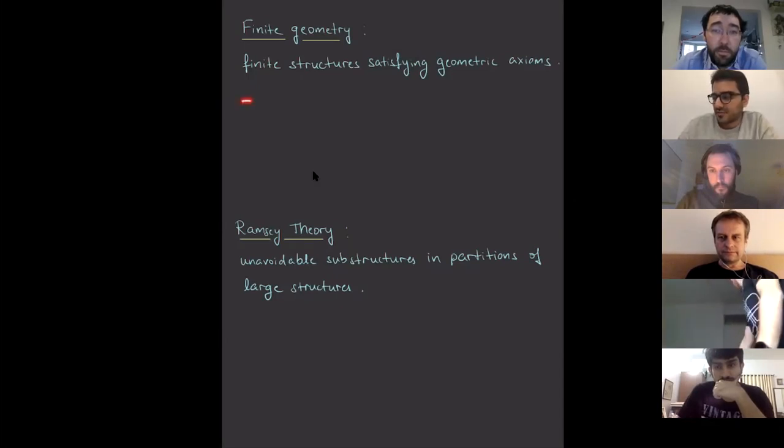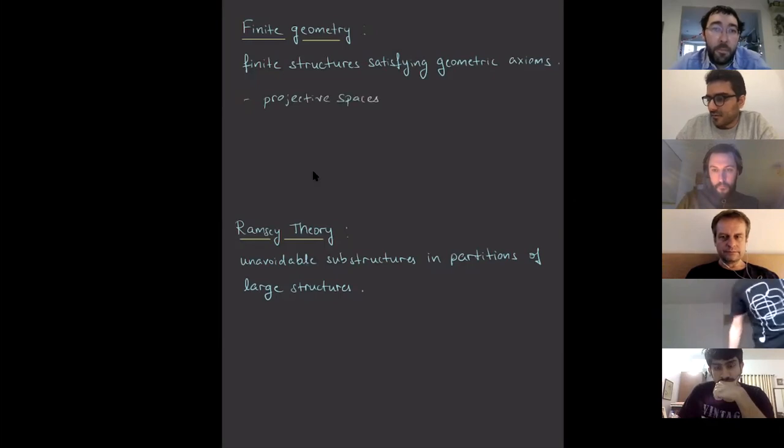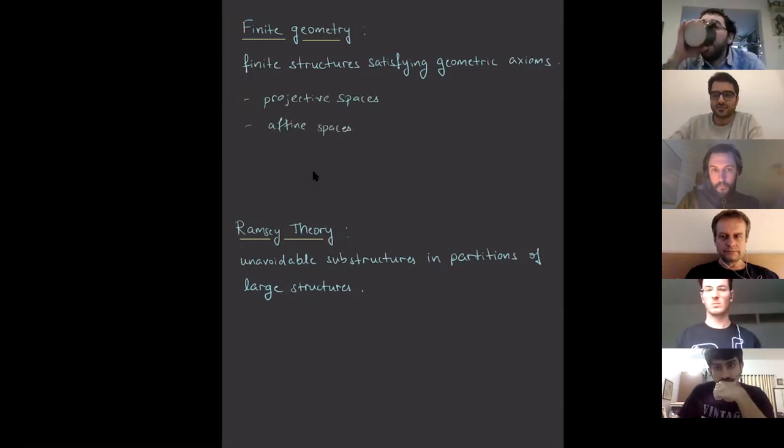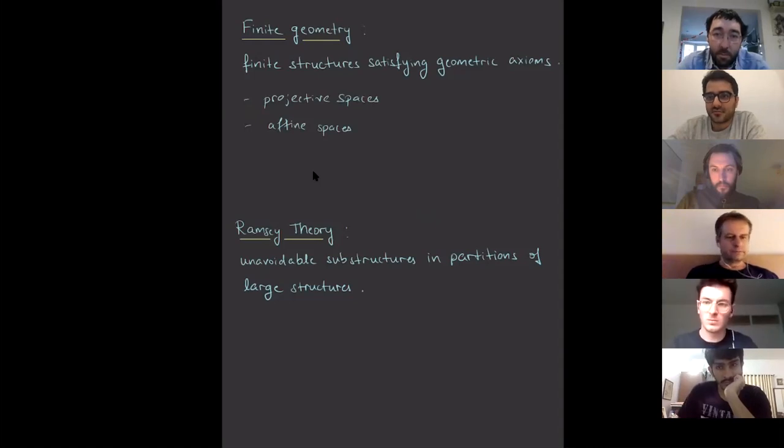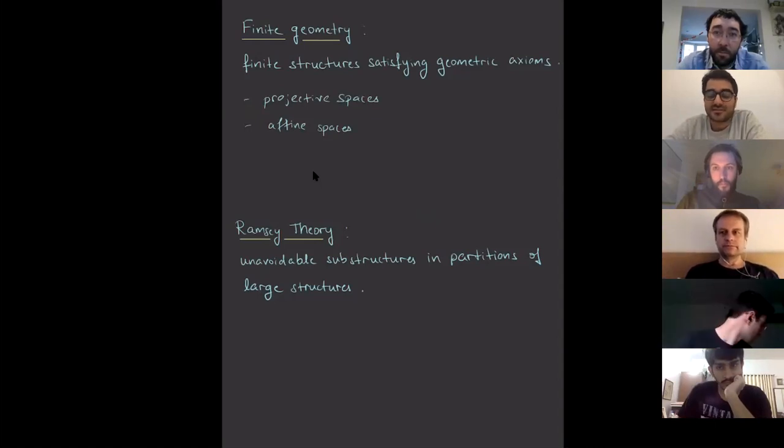So for example, we'll see things like projective spaces or even affine spaces. If you know what they are, you don't have to, I'll introduce what these things are, but we will be seeing finite versions of these geometric objects. So that's essentially the study of finite geometry. You look at these classical geometric objects and you make them finite and see what happens.